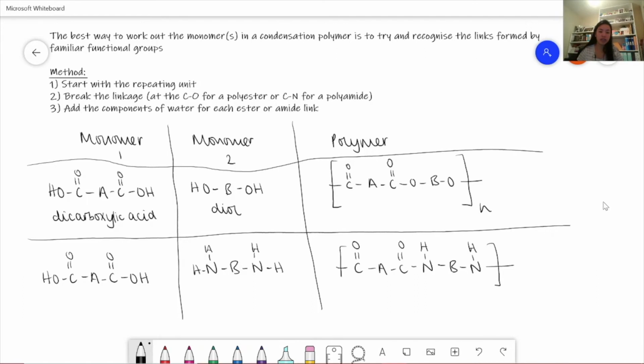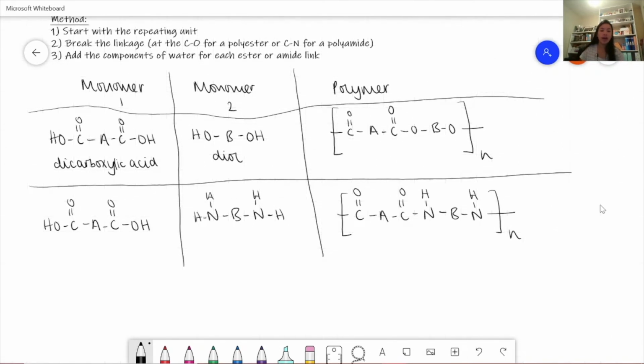So this is our repeating unit for a polyamide. The first one we form is a polyester, and the second one is a polyamide. And we know this because this is an ester link here, and this is an amide link here.